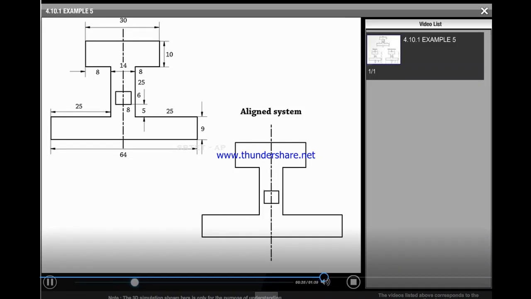All the dimensions are to be shown externally. Represent the dimensions in an aligned manner.